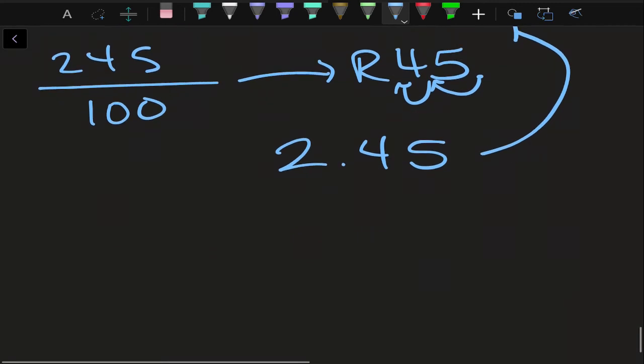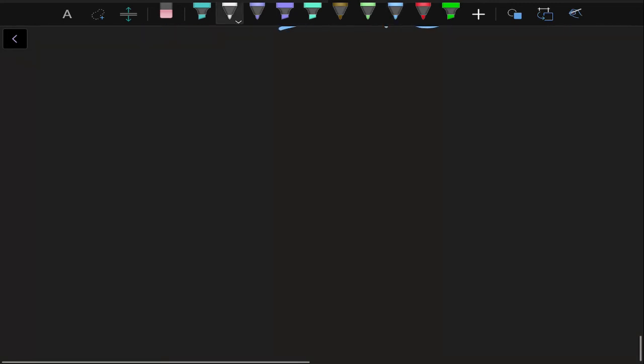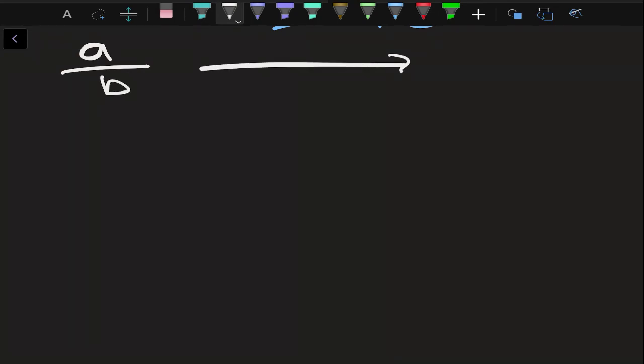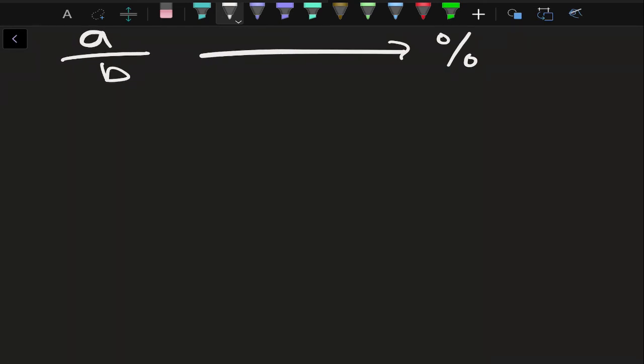Okay, so now we're going to move on to expressing a fraction, so a over b, for example, as a percent. So where have we seen this before? Well, maybe you've seen this on a test where you've gotten 22 out of 23 correct.